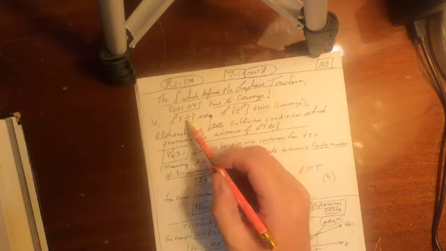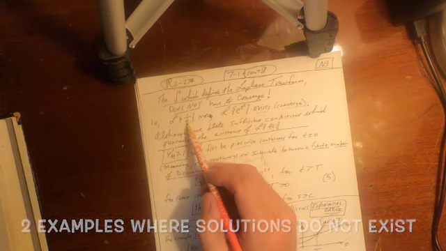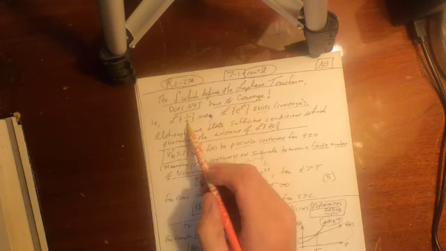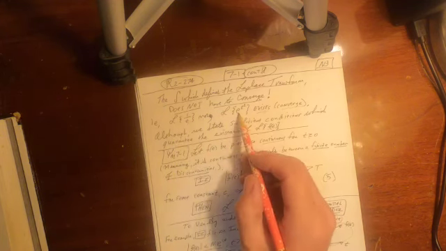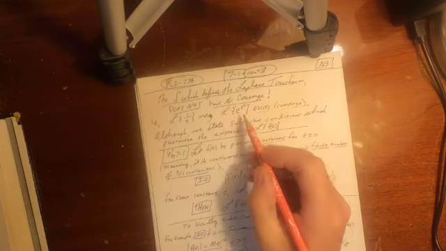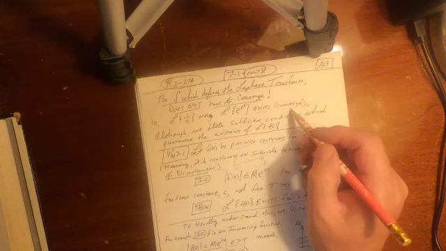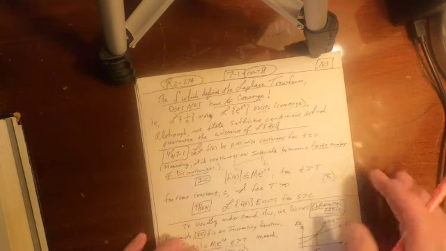For instance, here are two examples that do not exist: the Laplace of 1 over t, nor the Laplace of e raised to the t squared. These do not exist, meaning they don't converge.